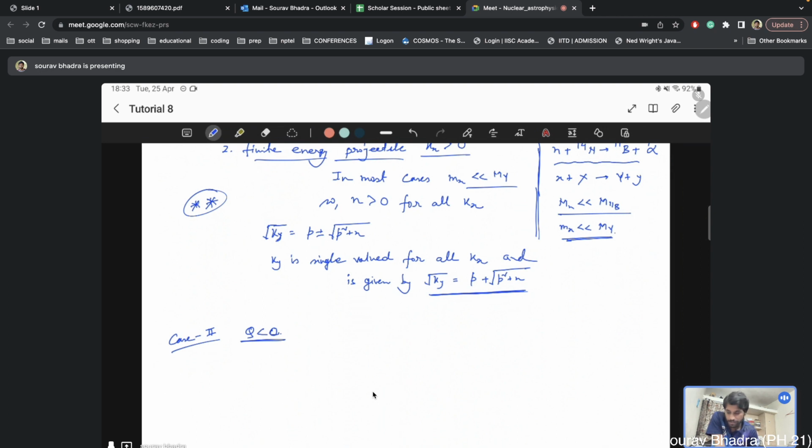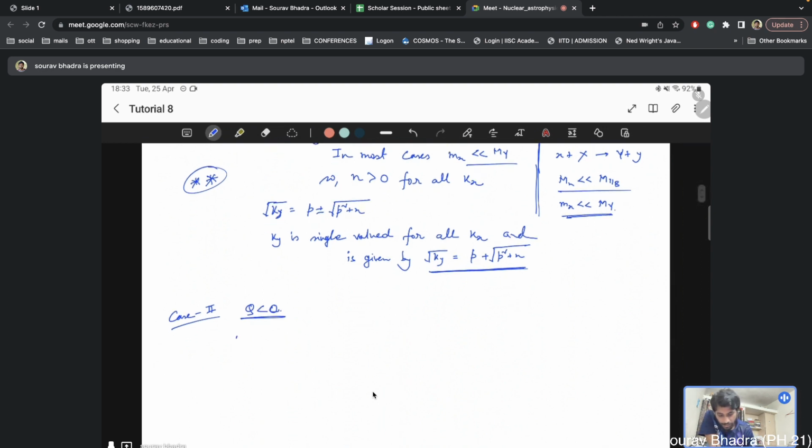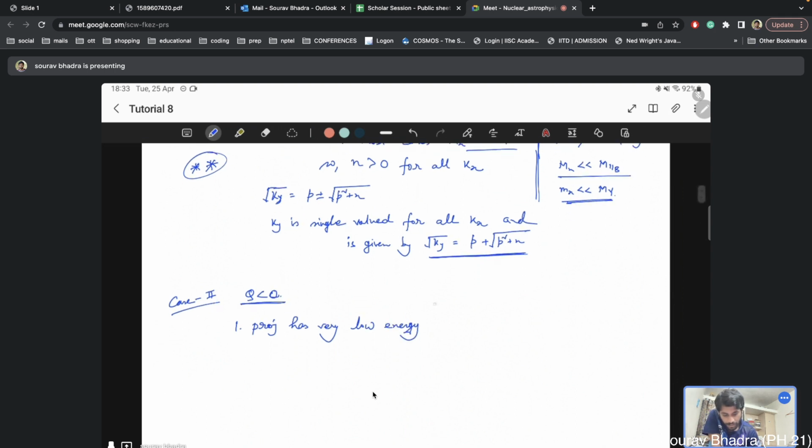That is also possible, and again we will assume the projectile has very low energy. So we have done q greater than 0 with low energy and finite energy projectile. Now we will do q less than 0 with low energy and finite energy projectile. That is the total 4 cases we are studying.